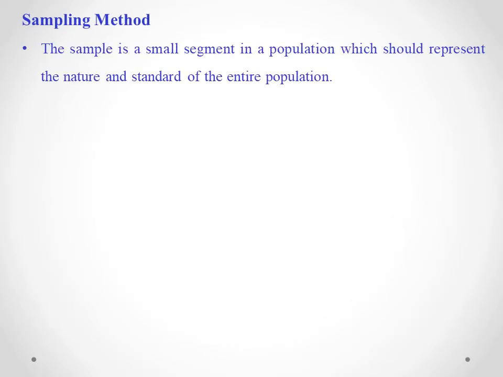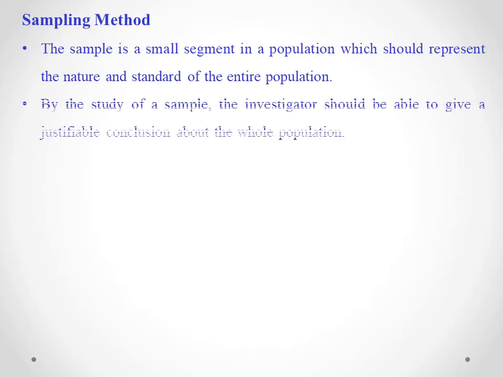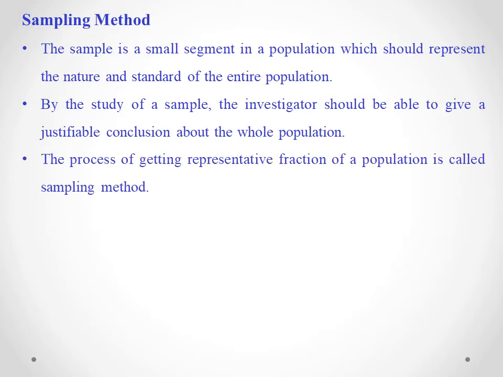Next one is the sampling method. A sample is a small segment of your population which should represent the nature and the standard of the entire population. By the study of a sample, the investigator should be able to give a justifiable conclusion about the whole population. The process of getting a representative fraction of your population is called the sampling method.